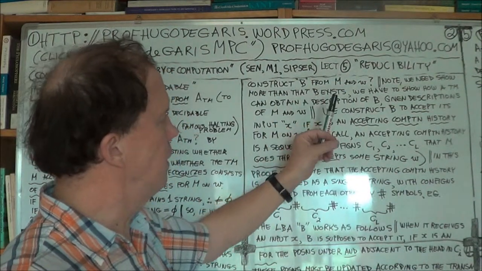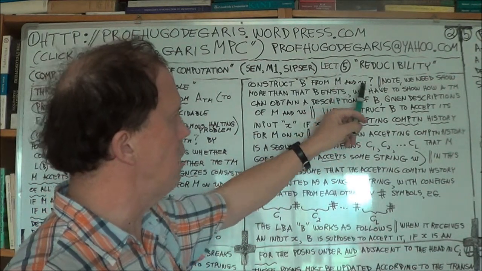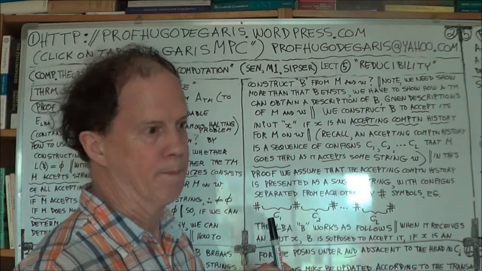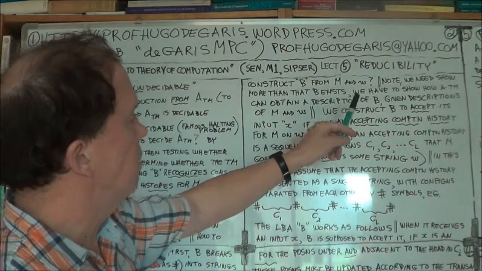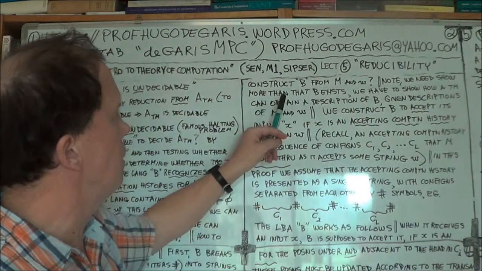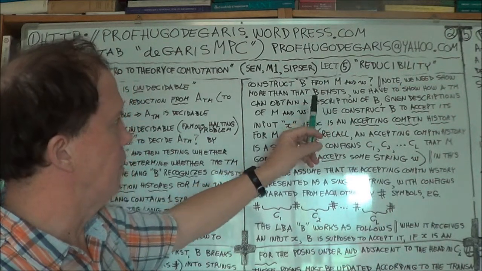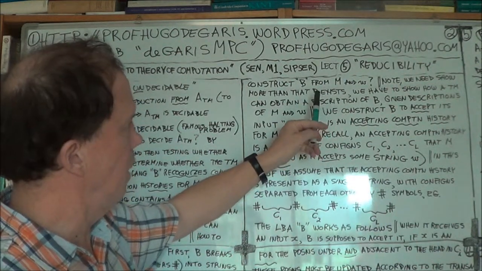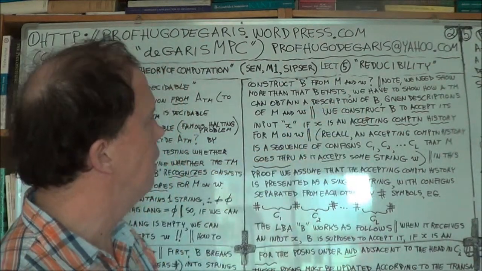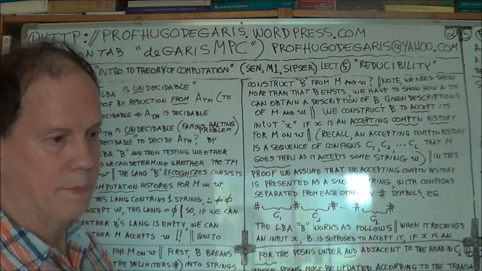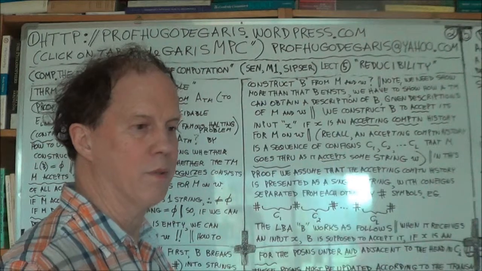Now machine A will be looking at strings that contain information about M and W. Okay, now let's see. Now Sipser makes a comment here. It's not enough just to show that B exists. Right? We have to build it. We have to construct B from M and W. Okay? Because that's what machine A, the larger Turing machine A, will do.